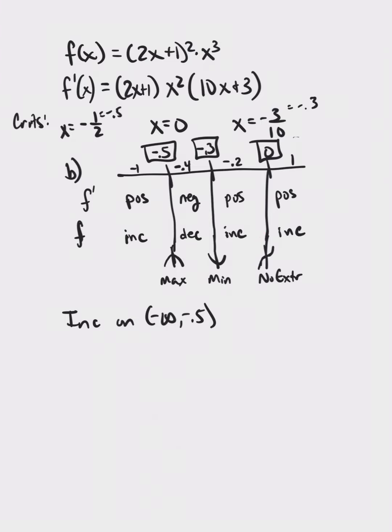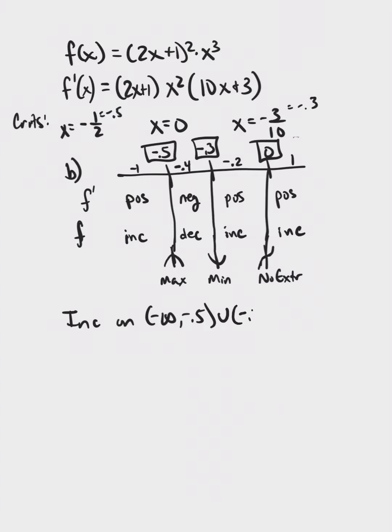Now, this is going to be one thing that might throw you a little bit. At 0, remember that the derivative was actually equal to 0. So at 0, it's neither increasing nor decreasing. So you don't just say that it's increasing from here on out. There's a momentary pause where it stops increasing.